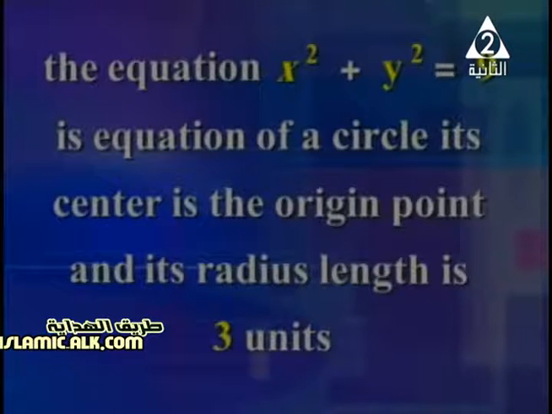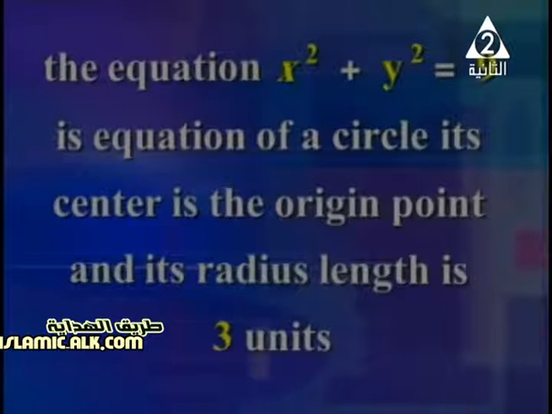Here r squared equals 9. Then r equals positive or negative root 9, which is positive or negative 3. But r equals 3 only, not negative 3, because r is the radius. Radius is a length, positive only.